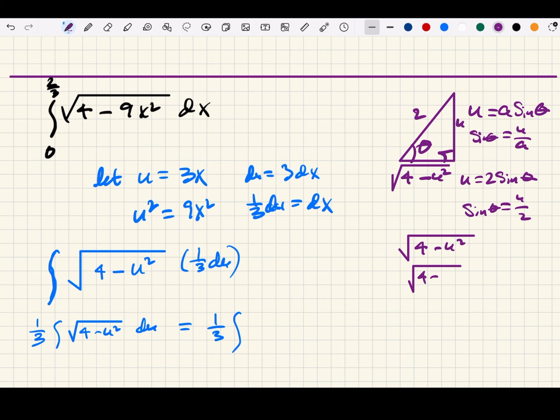4 minus 2 sine theta squared. This is going to work out much nicer. So we have square root of 4 minus 4 sine squared theta. So we have square root of 4 times 1 minus sine squared theta, or 2 cosine theta, right?